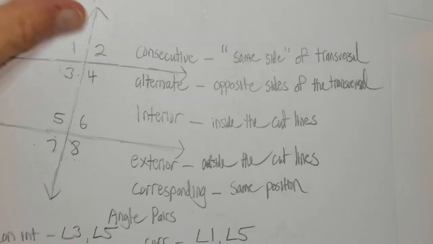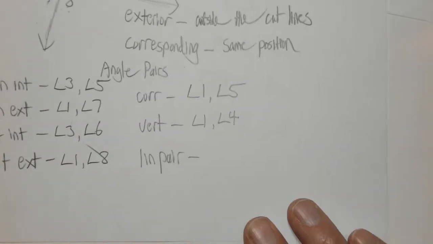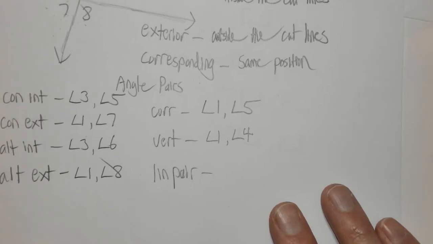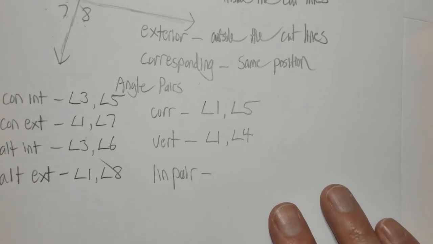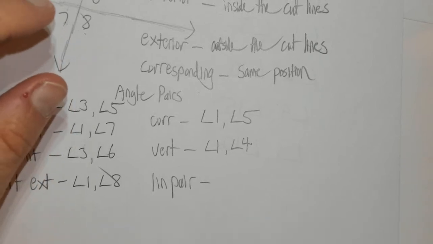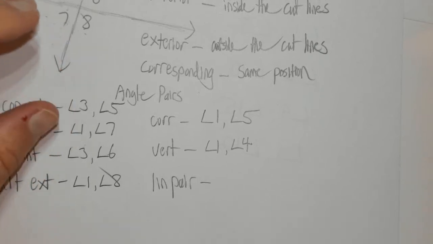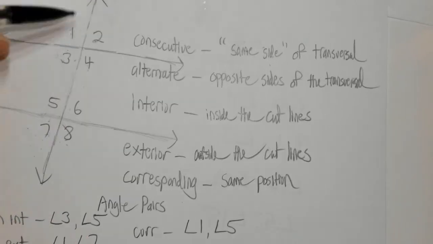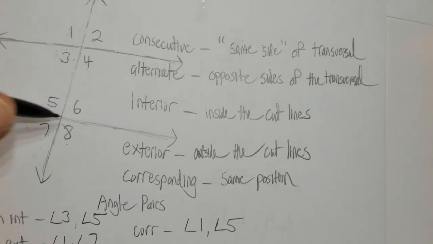vertical angles. Also, in Unit 1, we talked about how to identify a linear pair. All right, so remember, a linear pair, they've got to be adjacent, and then they must add up to 180. So, for example, angle 5 and angle 6.